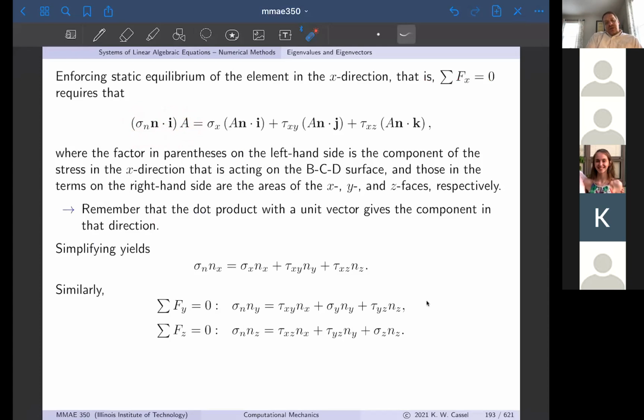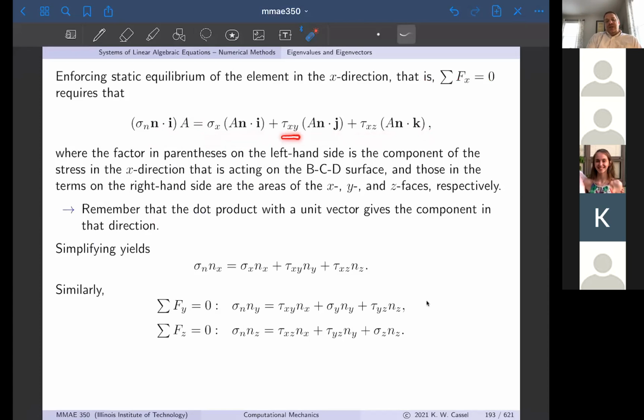Then we have all of the other stresses that are acting on the other three faces. So I have a stress sigma_x acting on the X face times the area times n dot i. So that's the component of the area projected in the X direction, in the Y direction, in the Z direction, and the corresponding stresses.